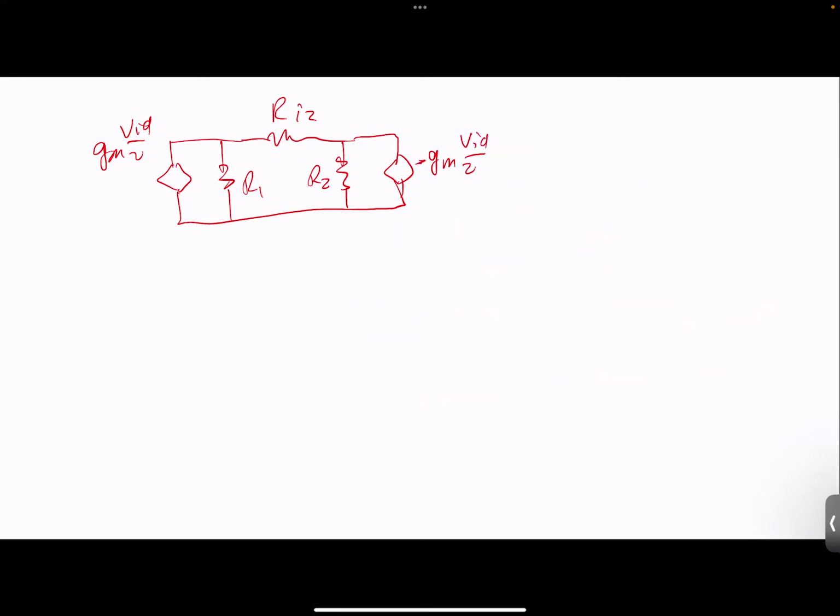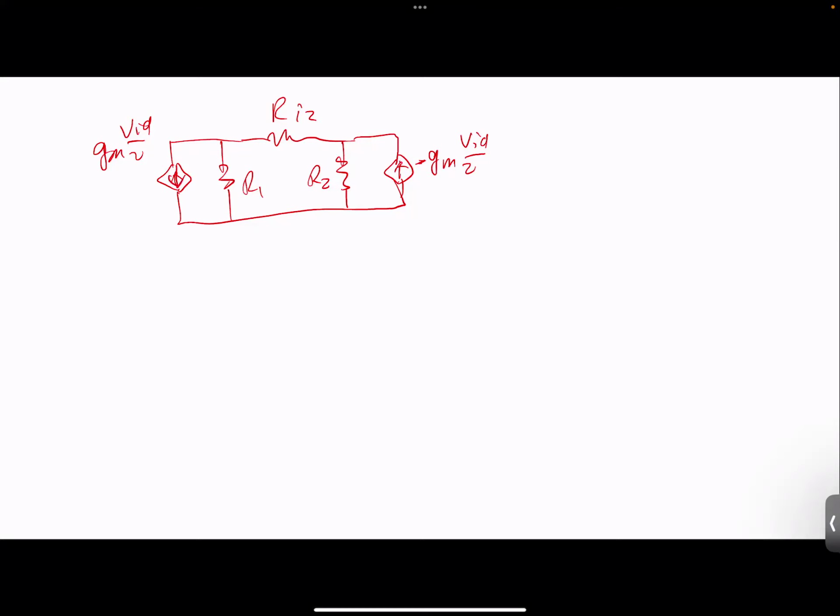This is minus. The other side is minus. To do this, you can do nodal analysis on these two nodes, or an easier way is to use source transformation. We can transfer this one and put it into a voltage source.